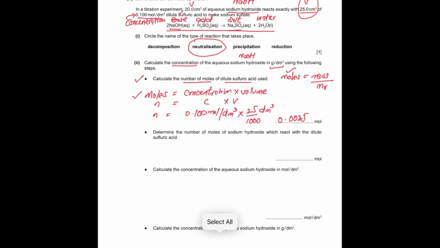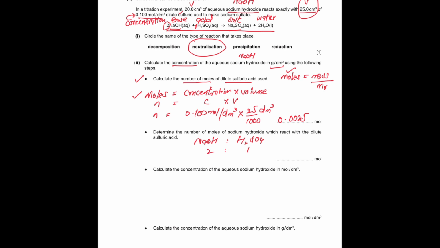So here we know the concentration of sulfuric acid. So we can compare the number of moles of sulfuric acid with the number of moles of sodium hydroxide. Look here, the number of moles of sulfuric acid is 1 in this equation, and the number of moles of sodium hydroxide is 2. So I'm going to write here 2.